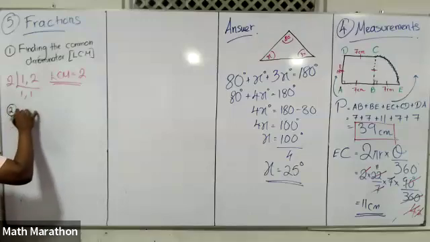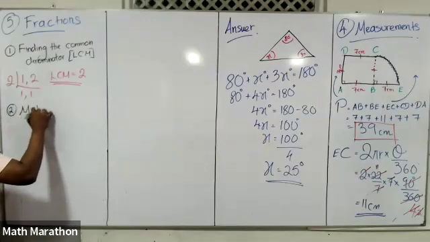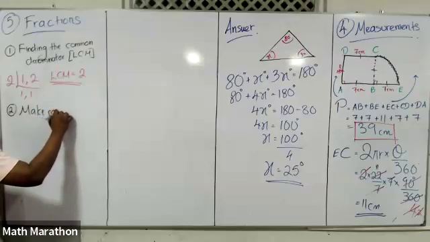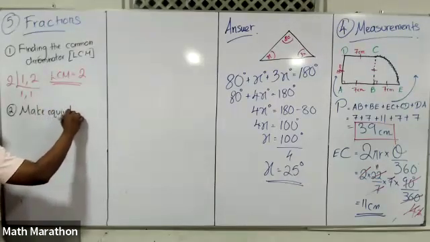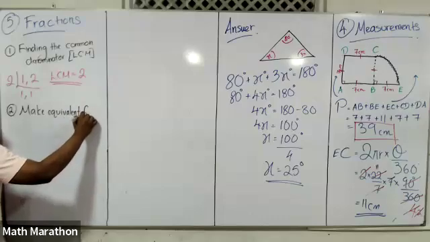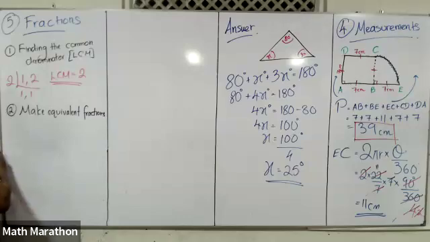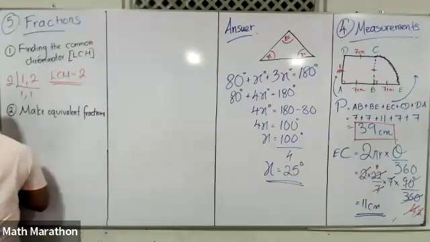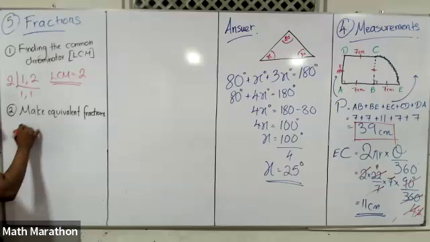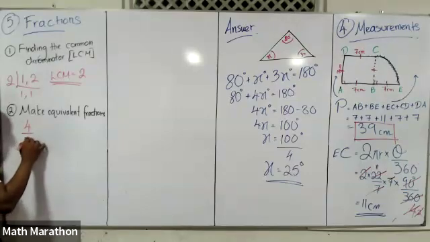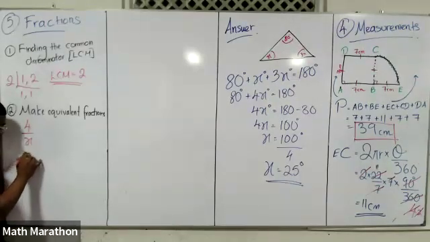The next one, make equivalent fractions. We have 2 fractions here: 4 over x, 1 over 2x.